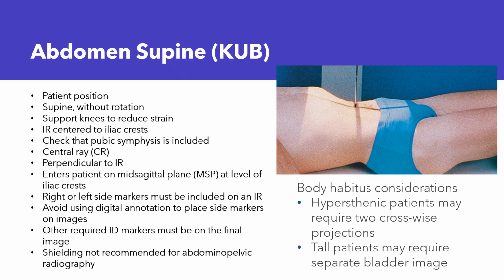So the contents of the bony pelvis on both abdomen KUBs and also pelvis radiographs can't be covered up by a shield. The whole point of taking the radiograph is so the radiologist can see that anatomy.